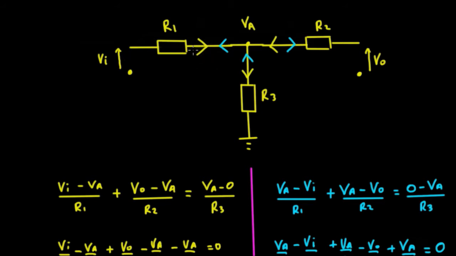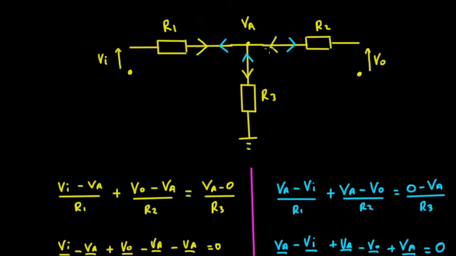So that current there plus the current that flows in this direction here, so this is a yellow arrow here, that will be our V out minus VA. So that's the current from V out to VA flows in that direction there. So that's that yellow one there.